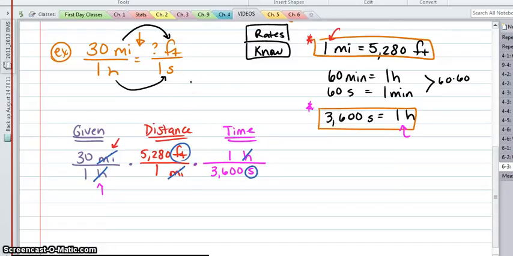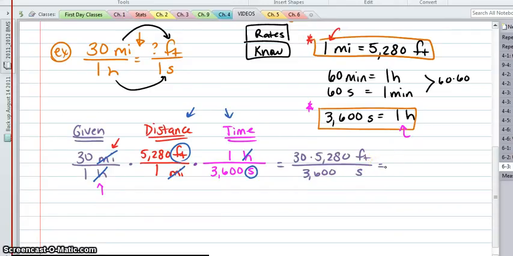Absolutely. Now, I am multiplying all of these rates. It really doesn't matter which I multiply by first, whether it be the time rate or the distance rate, because of the commutative property. But here I've set it up in this fashion, so we'll just go with it. Now, we multiply fractions like we multiply fractions. 30 times 5,280 times 1 will be in the numerator, and 1 times 1 times 3,600 will be in the denominator, and I'm going to include my units here.